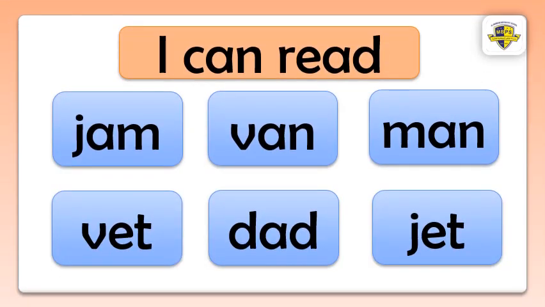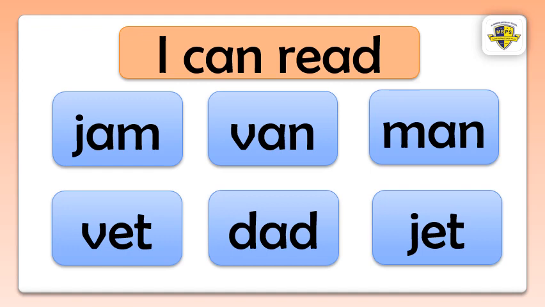Now let's read these words. Can you read them? Get your arm out and let's sound them out, shall we? So you can do them on your arm together. I can read. Jam. Van. Man.